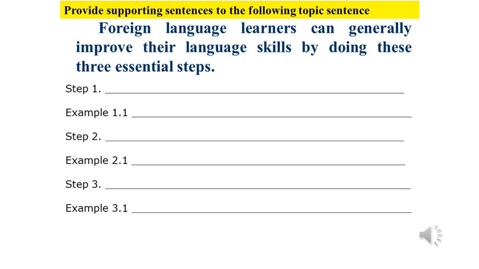Example to illustrate this step: they listen to radio, songs, films, and news. Let's move to step number 3. They can practice writing extensively. Example to illustrate this, we can say they can write emails, letters, essays, and stories. Is this clear? I hope so.